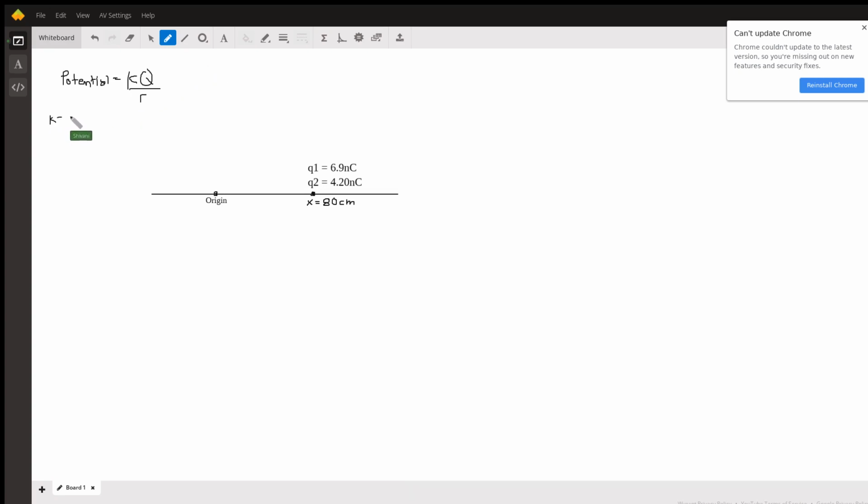It's 9 times 10 to the 9 newtons times meters squared over coulomb squared. And again, the potential has units of volts.